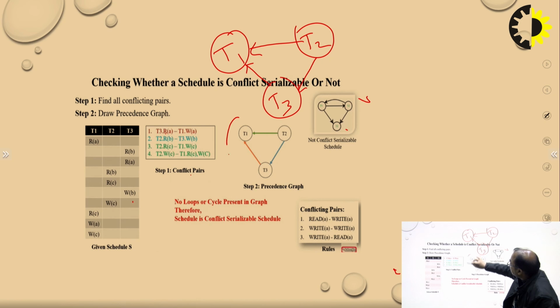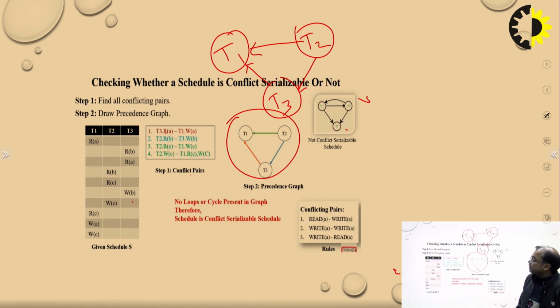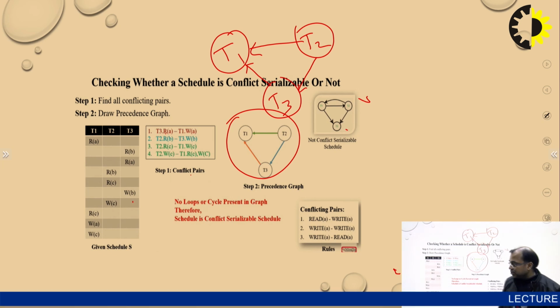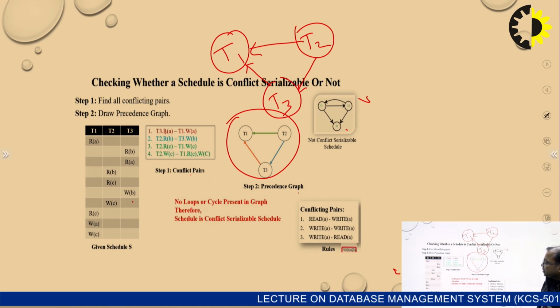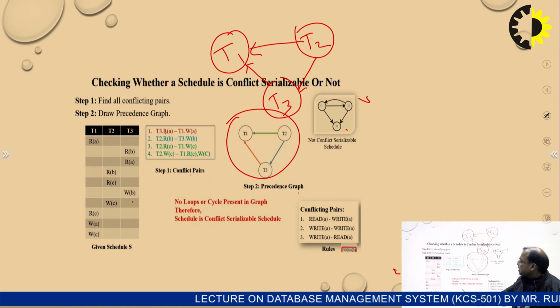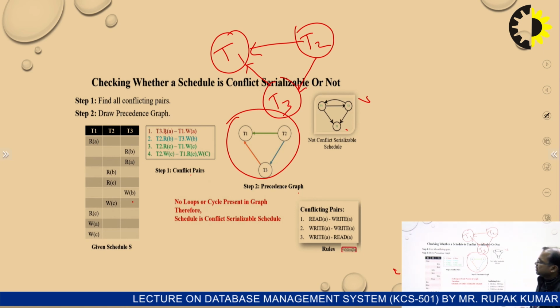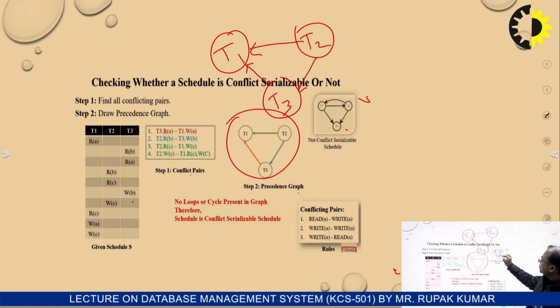This is the precedence graph we find with the help of these conflicting pairs in the given schedule. Clear? In this precedence graph, no loop or cycle is present. A loop or cycle means this.